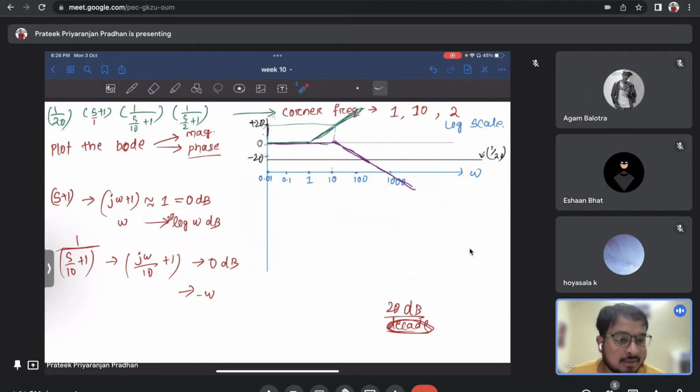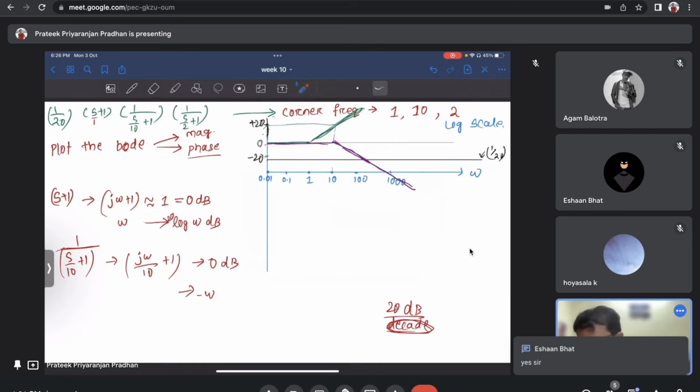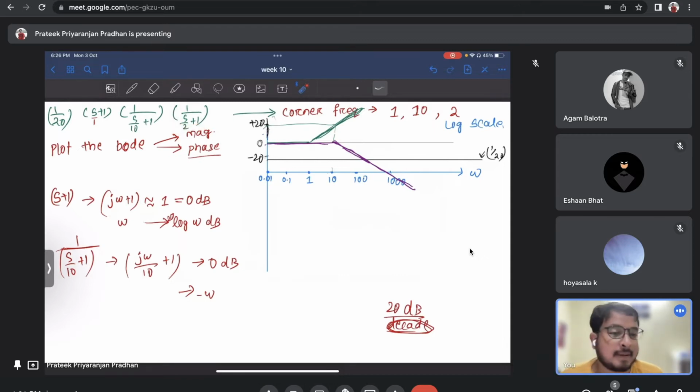And Ishan and Harshal, is it clear to you guys both? Okay, very good. Now you guys tell me what about this 1 by S by 2 plus 1? How will the plot be? The corner frequency is at 2.